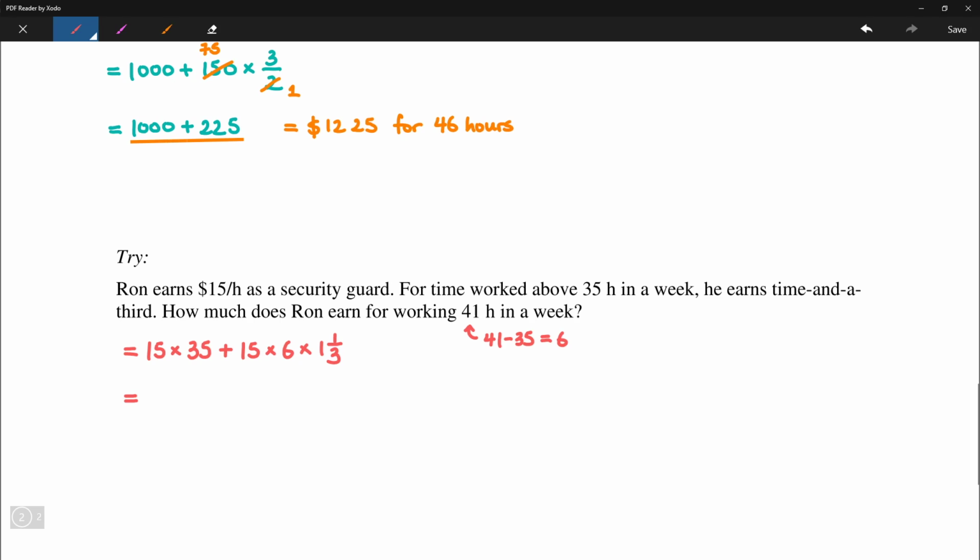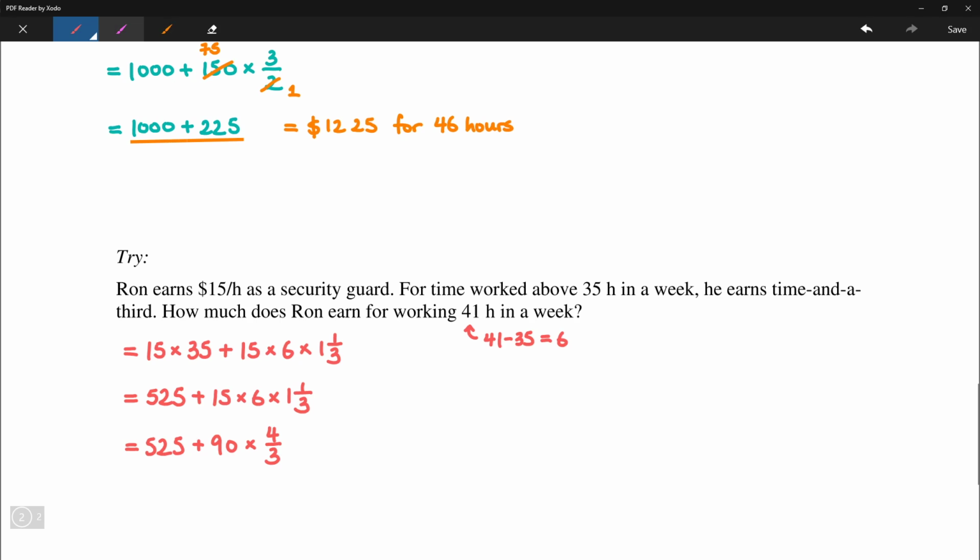Very similar to the previous question, 15 times 35 is 525. So that's the first operation to be completed, and then from there, we have 15 times 6, which is 90. And instead of 1 1/3, we're going to rewrite that as an improper fraction, 4/3.